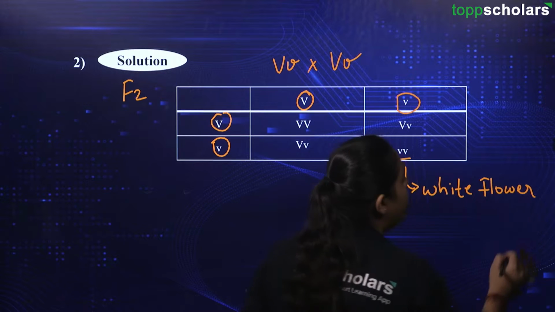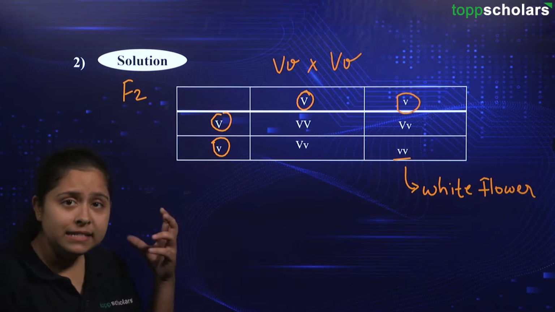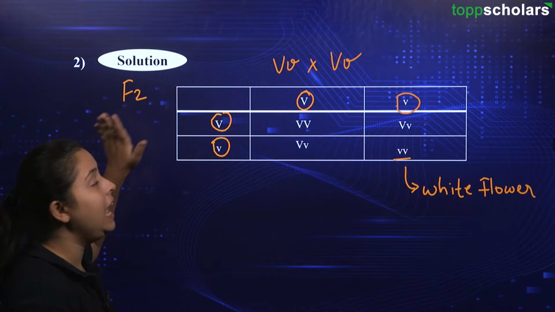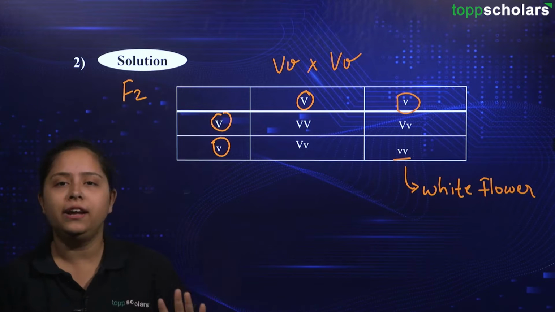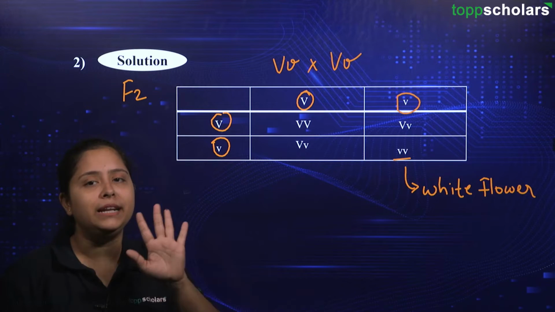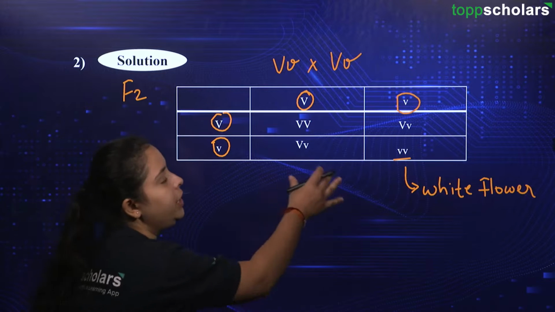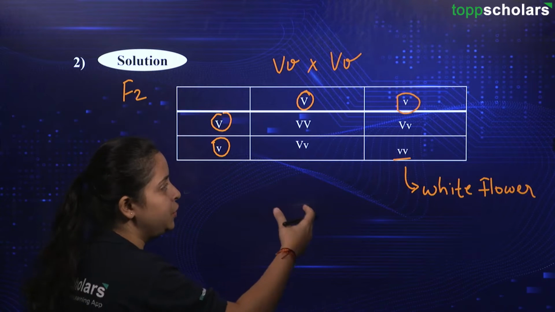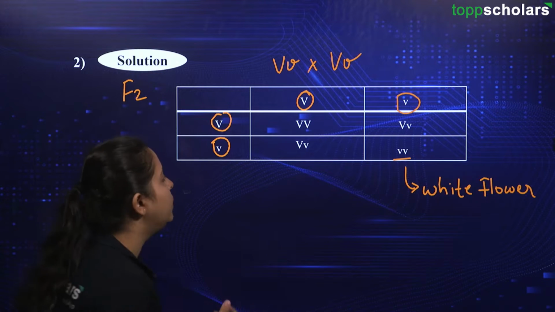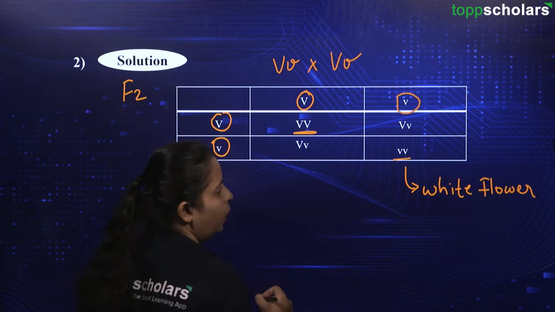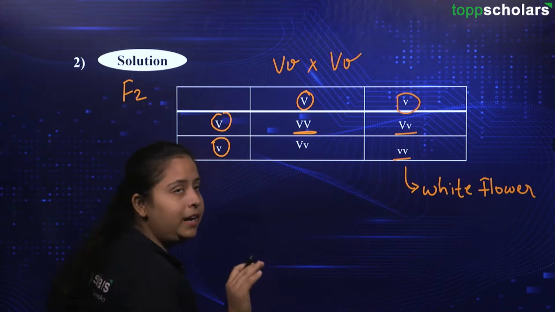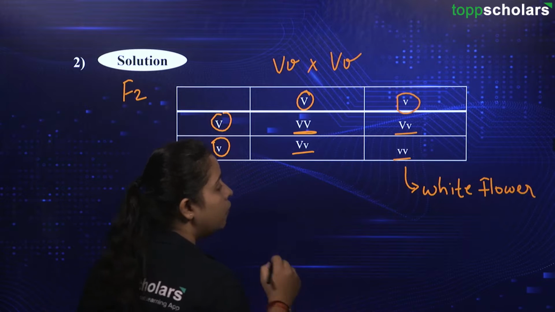And that was the point we were talking about, that the recessive character is expressed in the F2 generation, not in the F1 generation, when the allele is completely dominant. Over here you can also find out the ratio in which you have your phenotype. This is violet, this is also violet, this is also violet, but this is white flower.